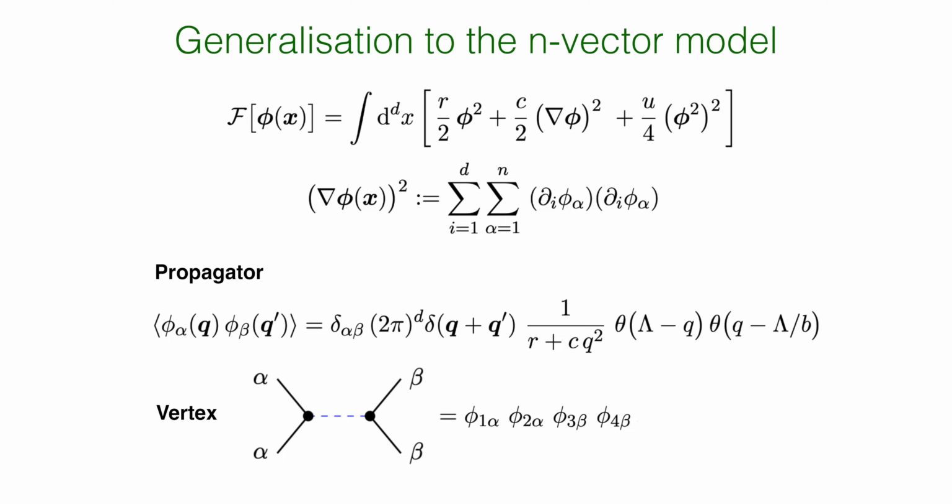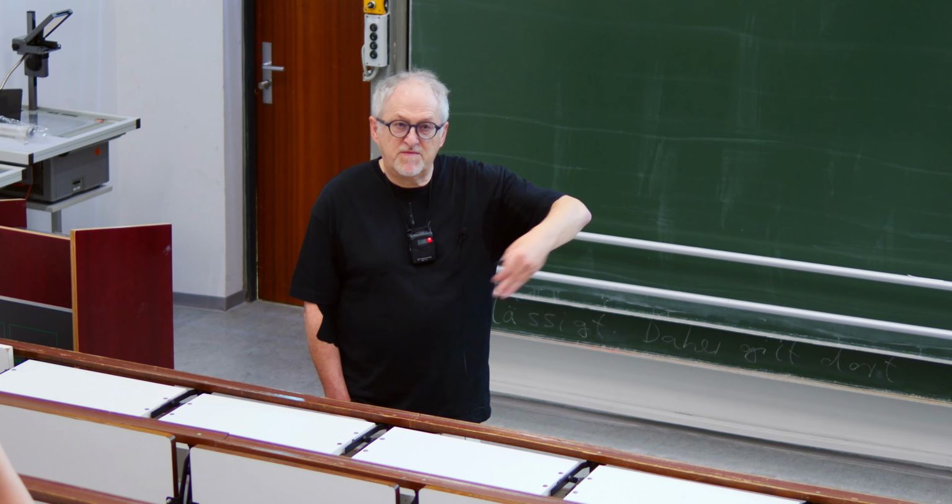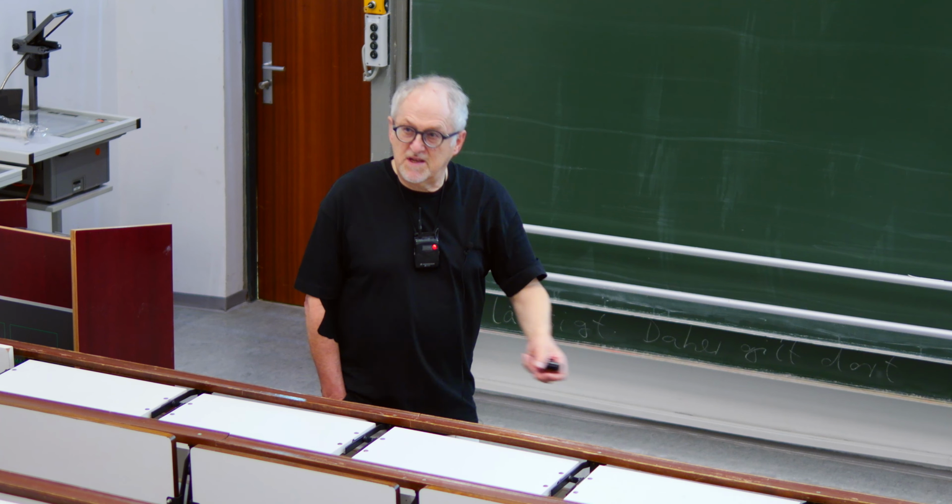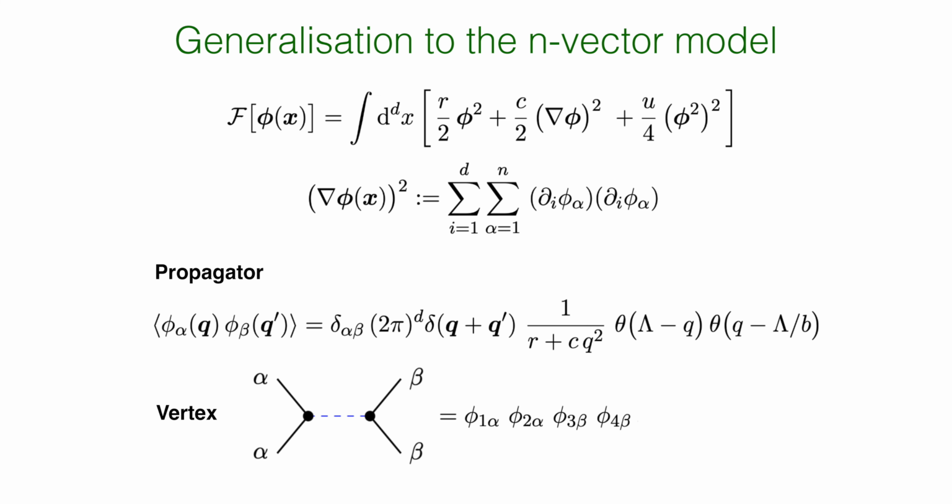And all you do is you write this in Fourier space, then the nabla becomes a q squared. And as you always have, if you calculate correlation functions, you get the inverse of what you have in the free energy. It's just by Gaussian integrals: if you integrate over something harmonic, you get it downstairs in the denominator, and that's what you have here. So it's just a Gaussian correlation function of this thing.